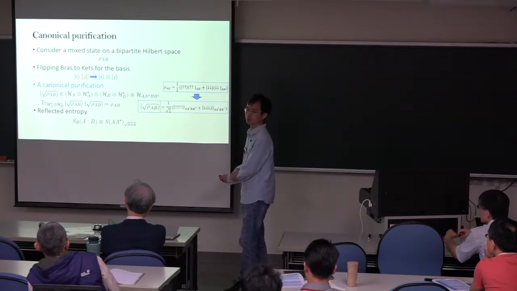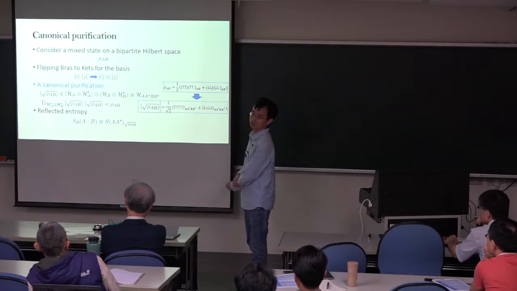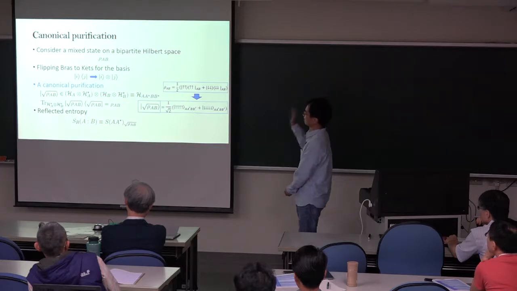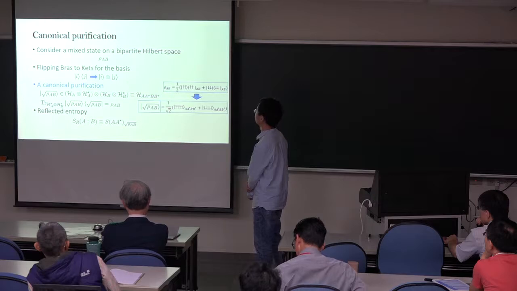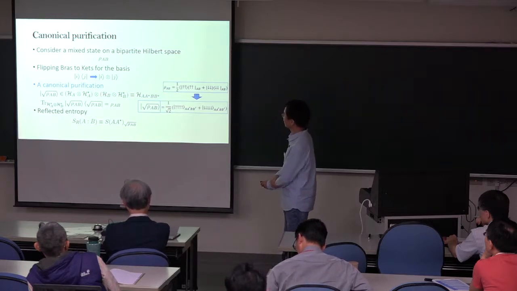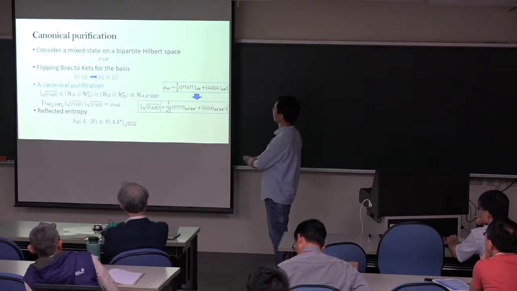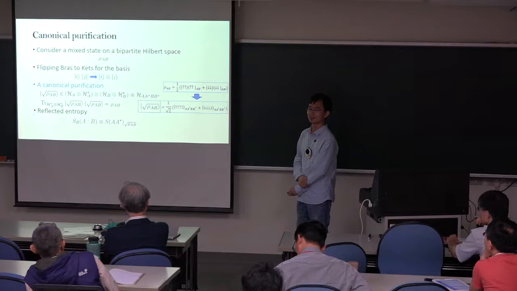This is reasonable because for the original state you only have a Hilbert space running over all the i's, but here now you have both i and j, another copy of the Hilbert space. Again, this is not something artificial. You can explicitly look at an example, say rho AB given by this kind of up and down mixed state. You can easily check it.